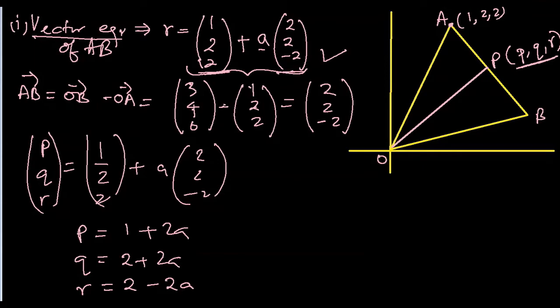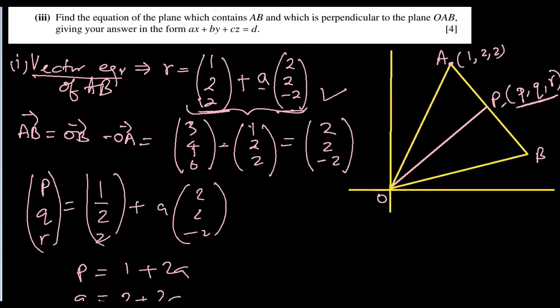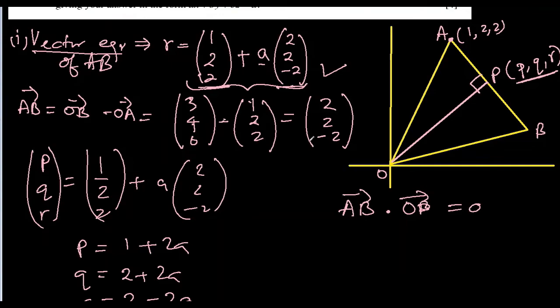Now, since we know them now, we can also see that line AB and OP are perpendicular to each other. That means vector AB and vector OP, their dot product will be 0. Vector AB is known to us. We just found out this one is vector AB. Let's write it. 2, 2, minus 2. Dot.